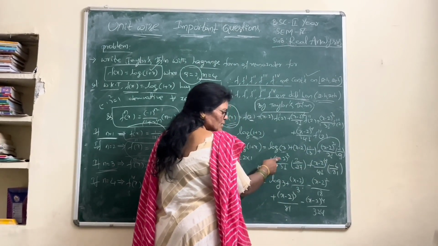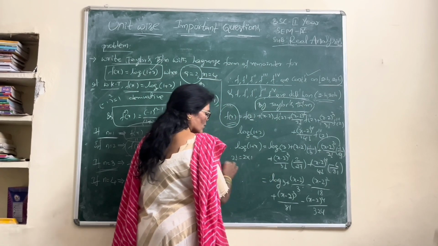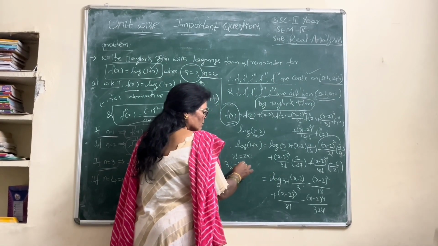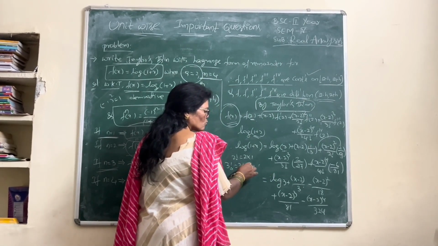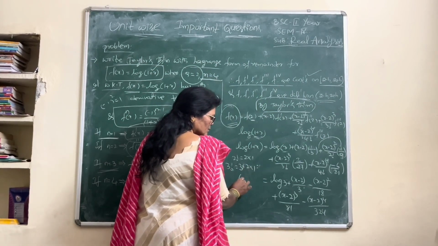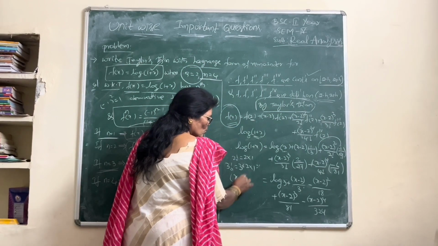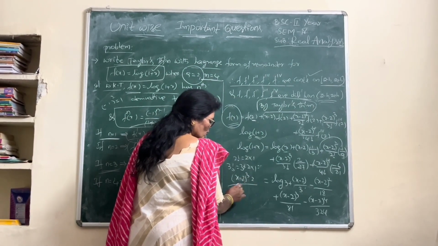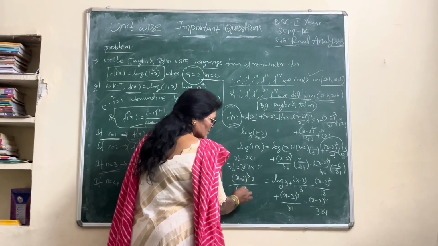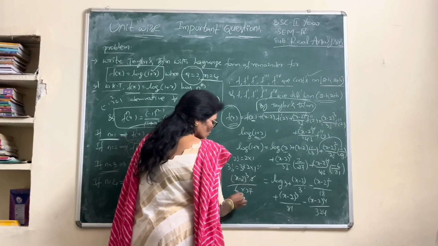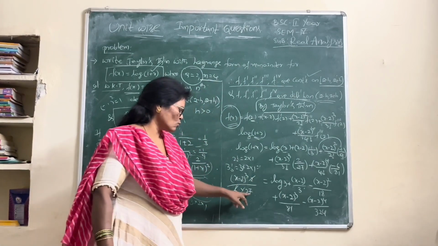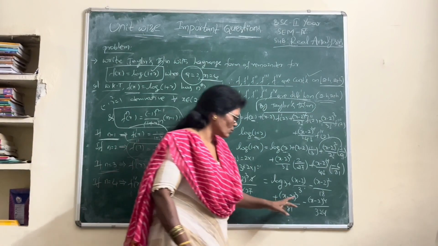And plus (x minus 2) whole cube by 3 factorial. 3 factorial, as I said, is 3 into 2 into 1, 3 2s are 6, and here 2 is there, so (x minus 2) whole cube into 2 by 3 factorial means we are getting 6 into 27. 2 1s are 2, 3s are 6. So 27 into 3, 81 we should get.